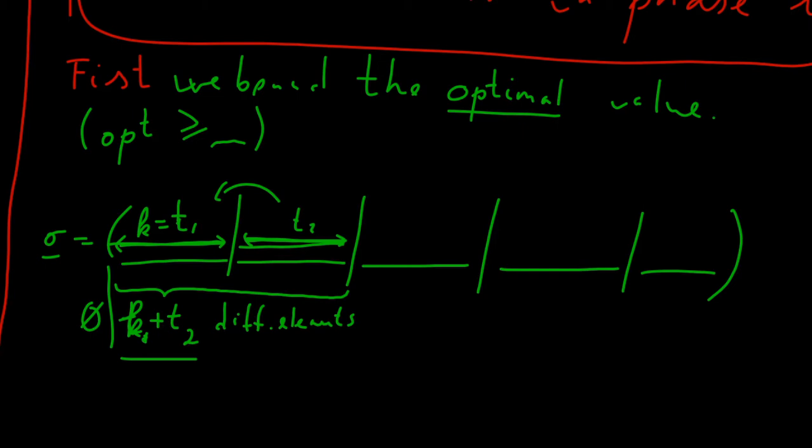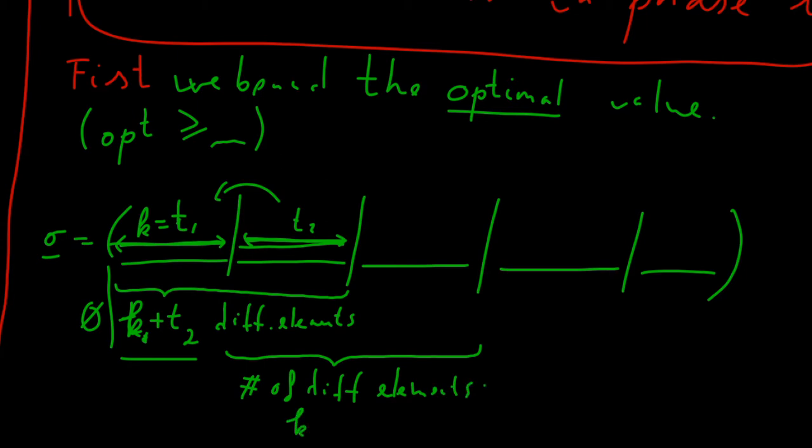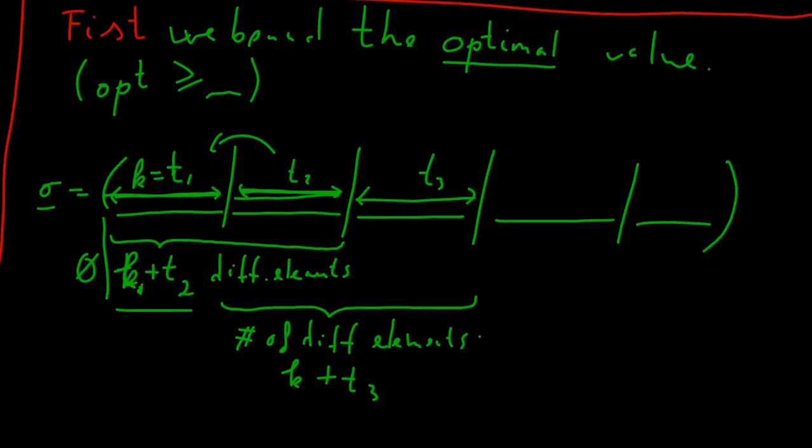Now let's consider this part here. The number of different elements during these two phases is k plus t3, right? k plus t3, because here t3 new elements occur.